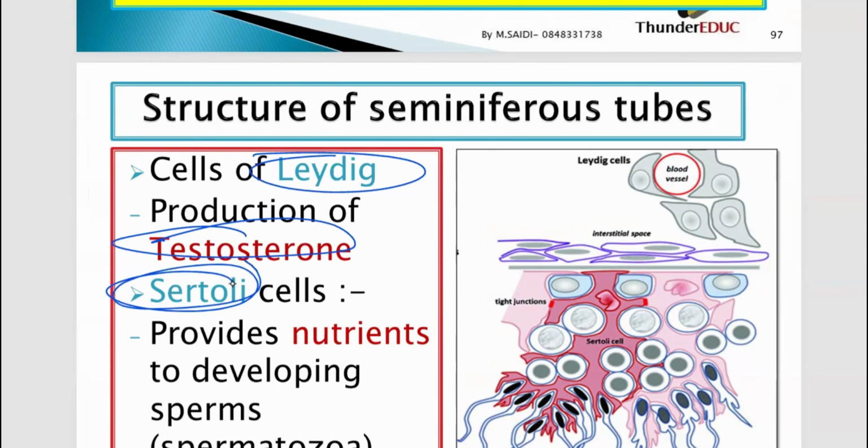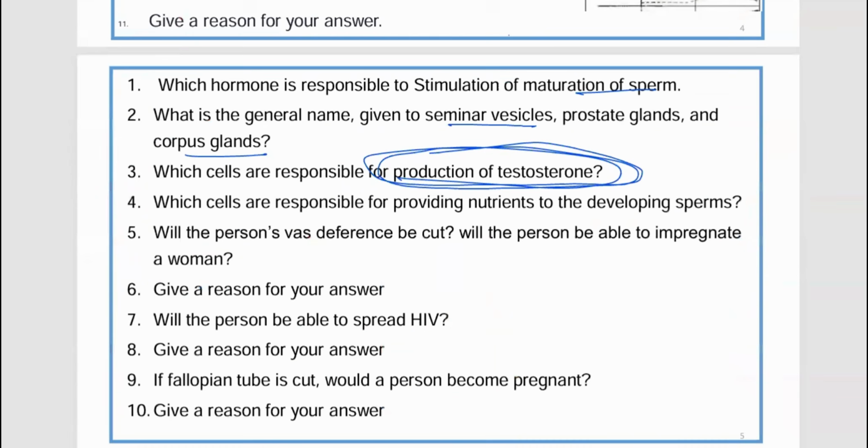They're saying that if the vas deferens is cut, would the person be able to impregnate a woman? The answer is no. If you cut the vas deferens, you can't produce a baby because the sperms won't be able to be transported to the ejaculatory duct or the urethra.